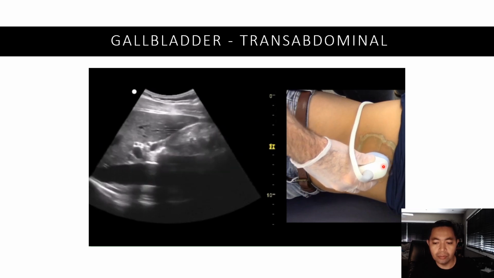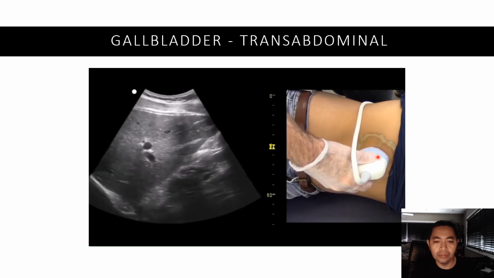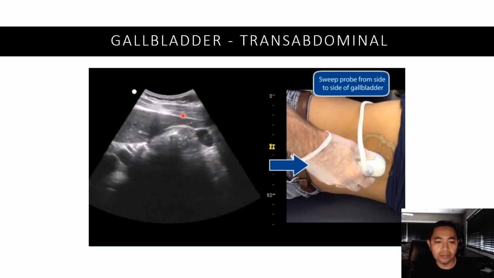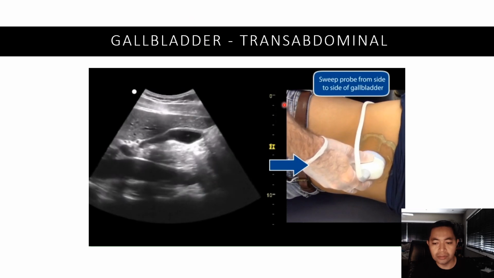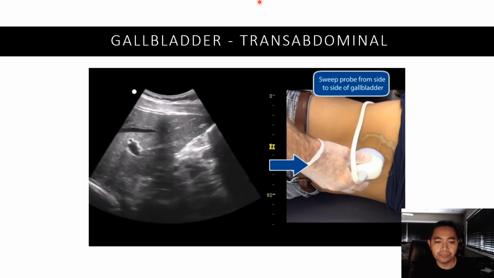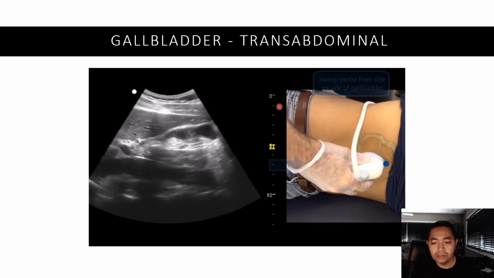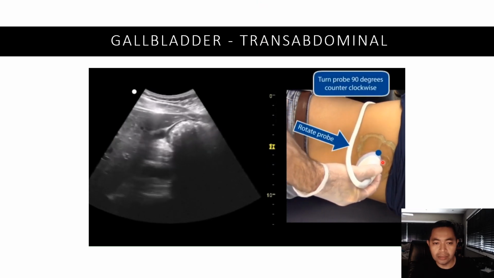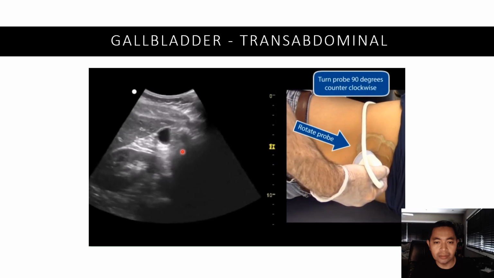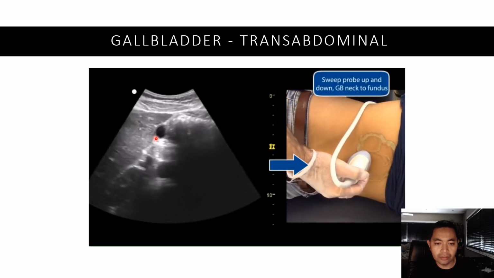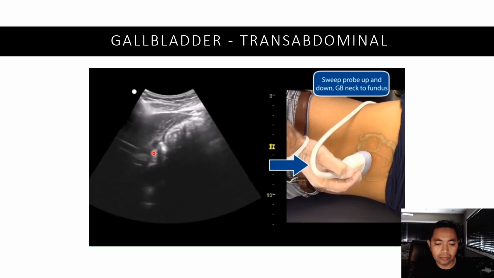Turn the probe obliquely to image the gallbladder in its long axis. Then fan the transducer from side to side to scan for pathology. The transducer is then rotated 90 degrees to image the gallbladder in the transverse plane. Fan the probe to scan the gallbladder fundus down to the neck.